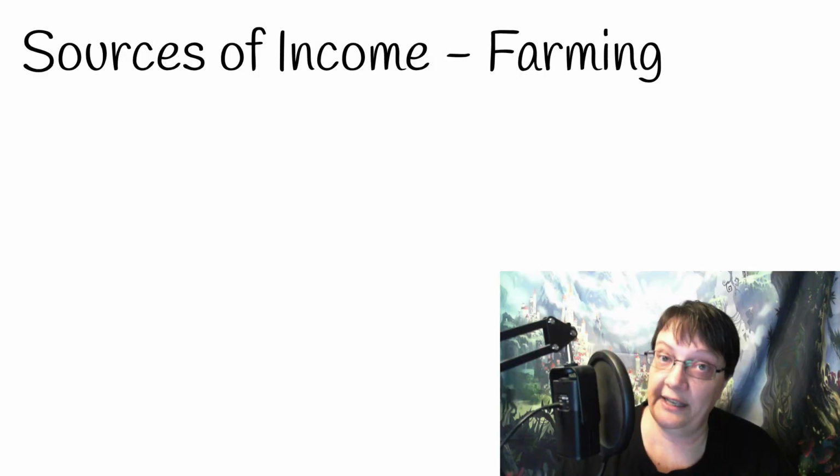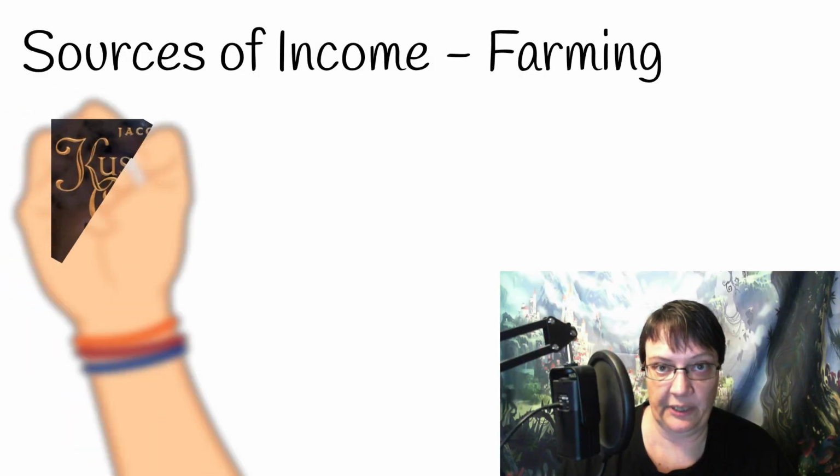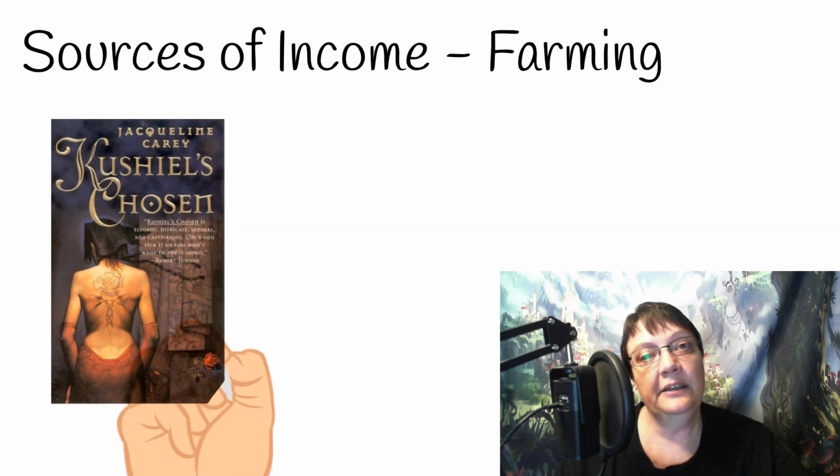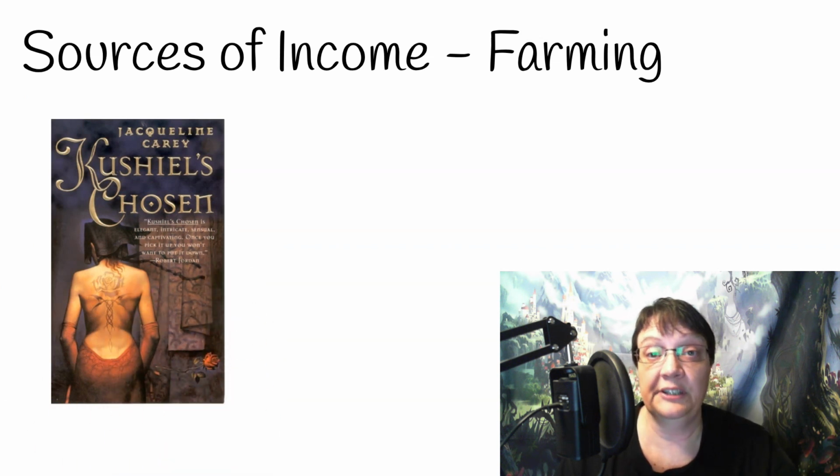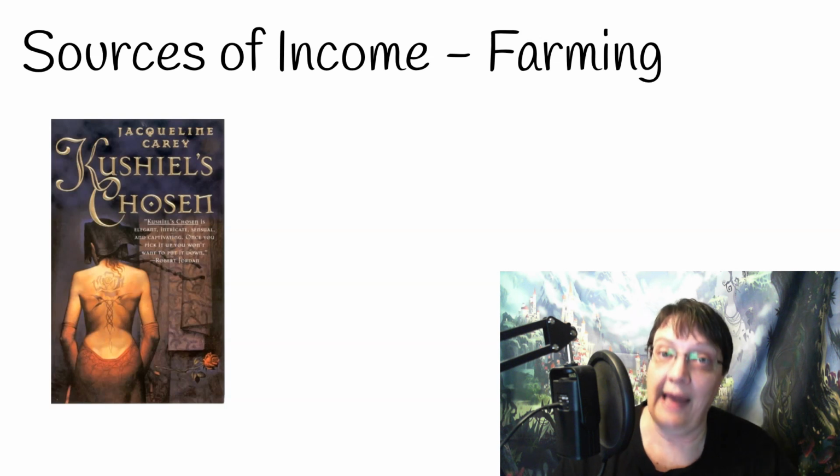So if it wasn't primarily taxation, how did the nobles of old make money? Well, I already spoke about rent. So renting land to peasants was obviously one way in which they made money. Another was being farmers themselves. In Kushiel's Chosen, the second book of the Kushiel series by Jacqueline Carey, the heroine Phaedra has inherited a noble title, and with it has come lands.